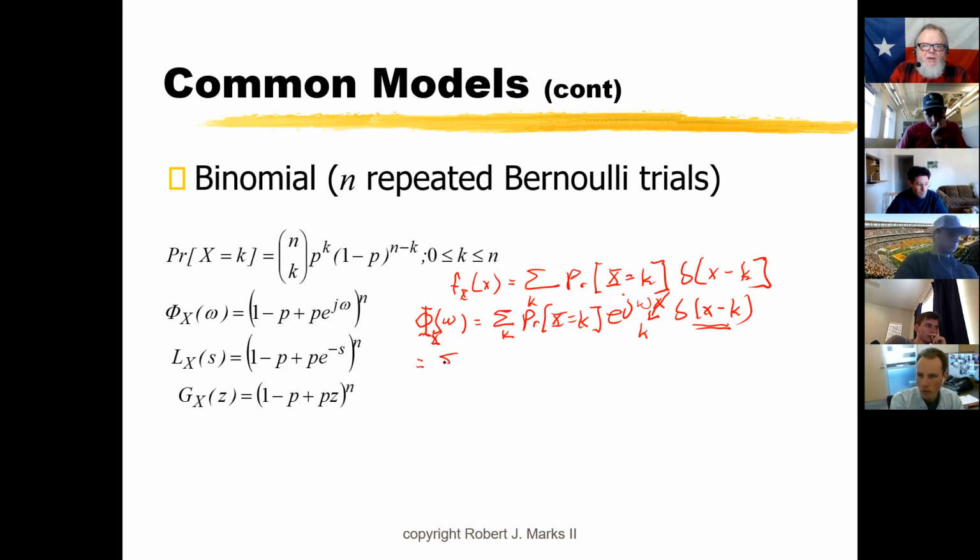This is the summation over k of n choose k, and what I'm doing is using this expression. This is k equal to 0 to n of n choose k, p to the k, e to the j omega k times 1 minus p raised to the n minus k.